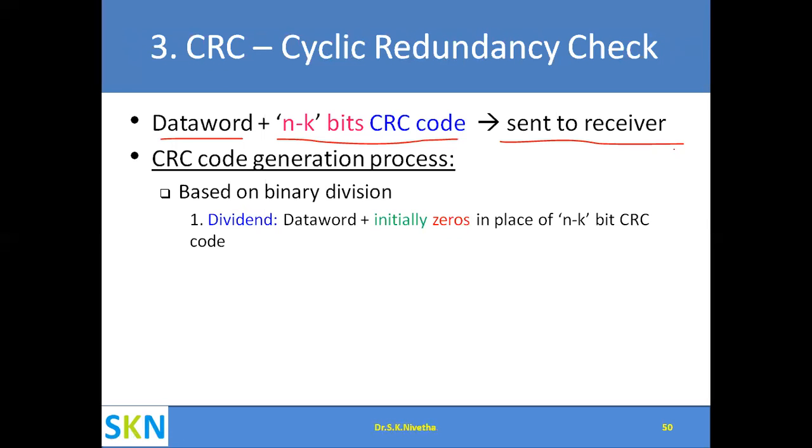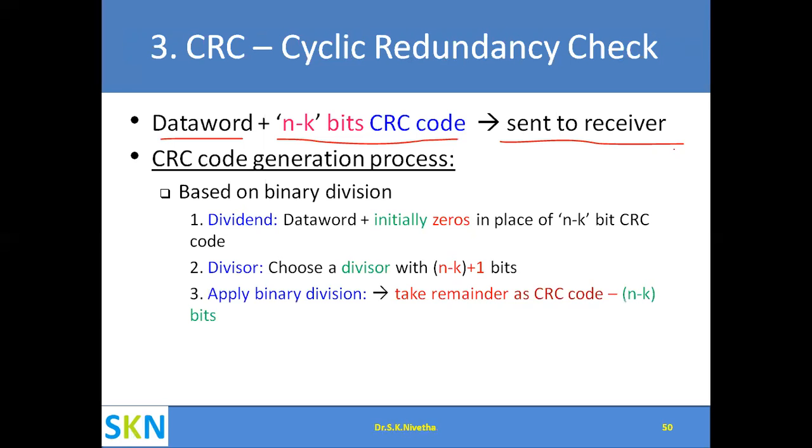That is also called the CRC code. And the divisor is chosen with n minus k plus 1 bits. So if the divisor size is 4, the zeros we have to add will be 3. And we have to apply binary division.